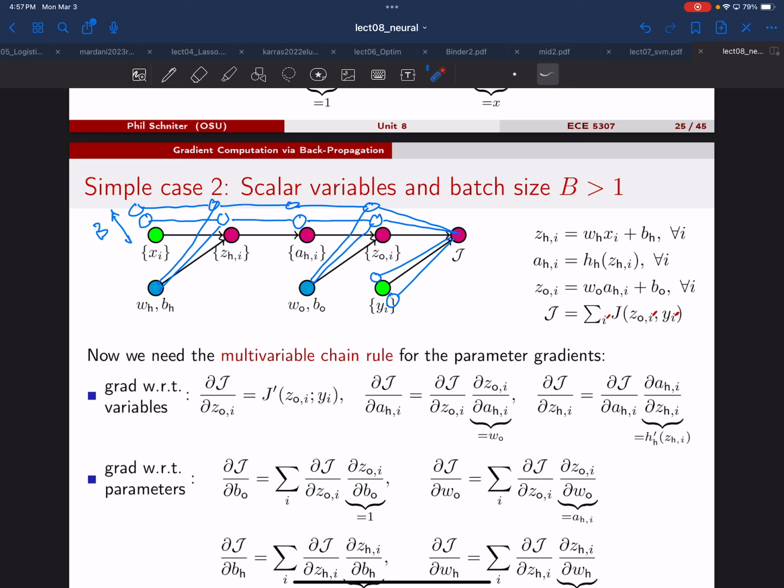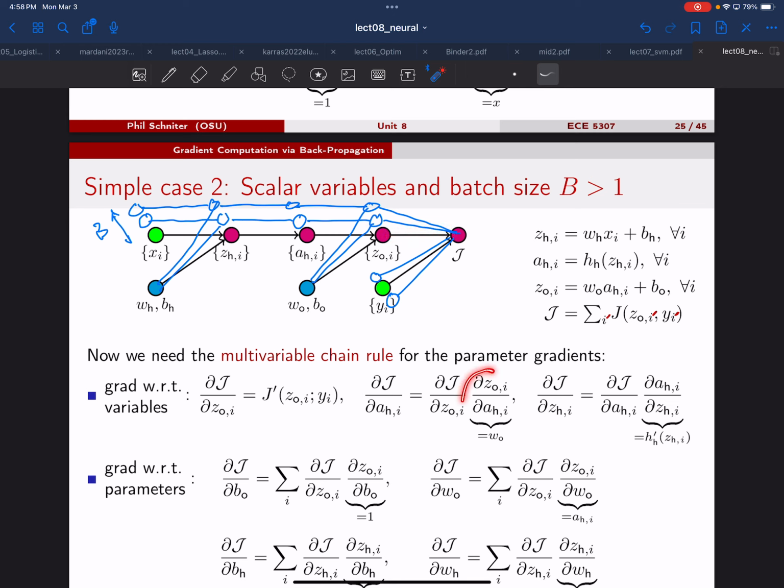Okay. And then what about dJ/da_H,i for one of these? Well, you can see because of the decoupling, I can just look at that branch. Basically, I don't have to think about mixing across the different batch elements i. So really, there is no multivariable chain rule for this step. It's just like it was before. So dJ/da_H,i for any i is dJ/dz_O,i for that same i times dz_O,i/da_H,i, again for the same i.